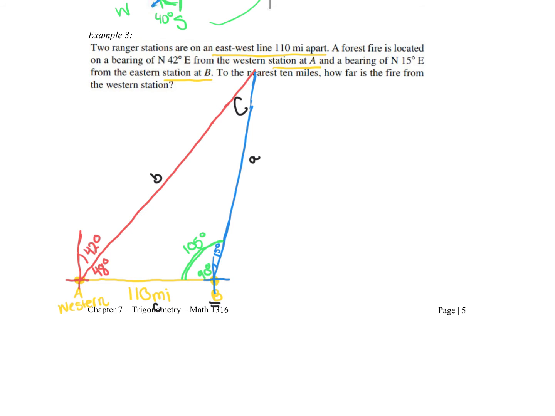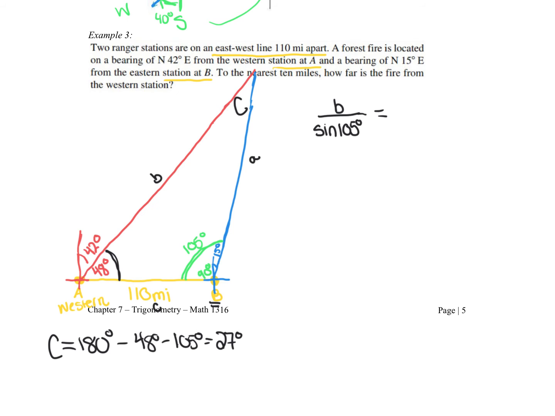Well, I don't have a complete ratio yet. I need to find B over sine of 105 degrees, but I need a complete ratio. And I'm going to guess I have to find angle C because the only side I happen to know is little side C. So to find angle C down here, C is equal to 180 degrees minus the piece inside the triangle, 48, minus the green 105 inside my triangle, which is going to result in 27 degrees.